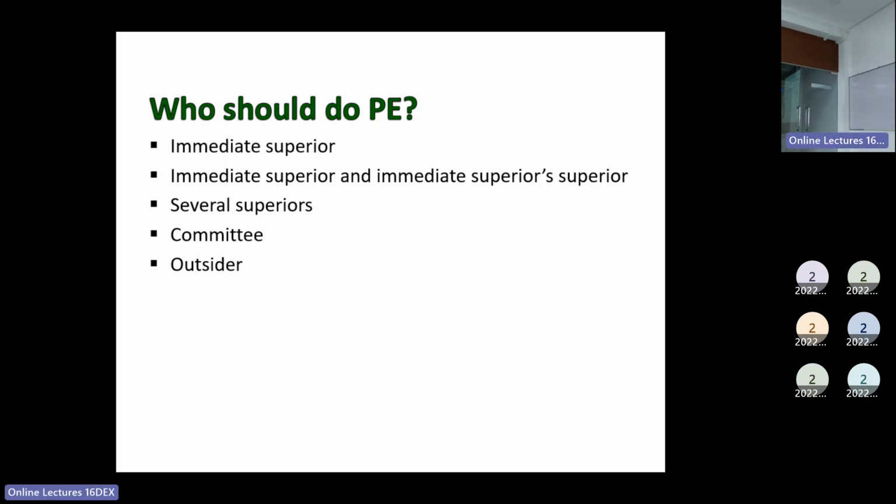If you can get an outsider, the biggest advantage is that he is independent. But the problem is the outsider is not aware of the job, the responsibilities of the job. So there are some pros and cons of each option.